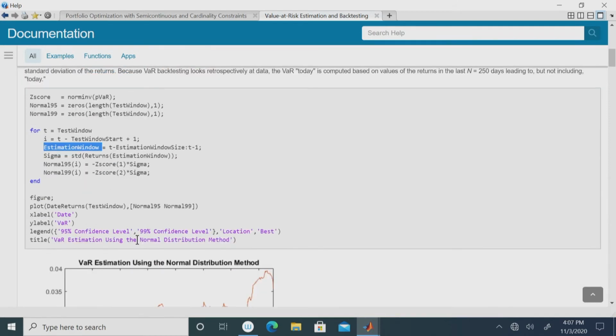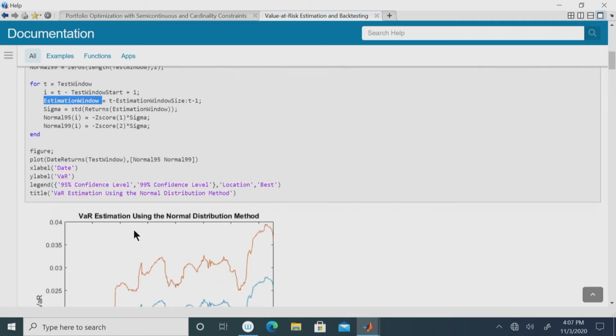So we have done the VaR estimation using the normal distribution, and these are normal 95 and normal 99 that you obtain here. These are nothing but the 95% and 99% confidence level value at risk that you have estimated by making use of the normal distribution method based on the preceding 250 days.